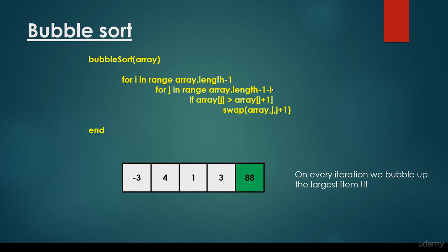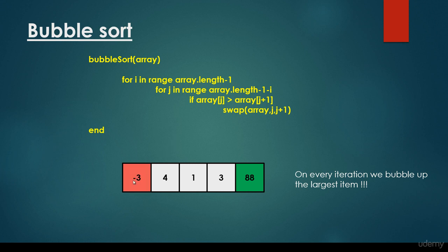So that's why we have to decrement the range with the i index, because on every iteration we bubble up the largest item. In the second iteration, we know that one item is at its right position. On the third iteration, we know that two items are in their right positions. On the fourth iteration, we know that three items are, and so on. So that's why we have to decrement the range on every outer iteration.